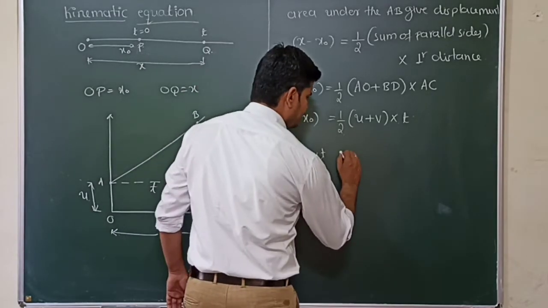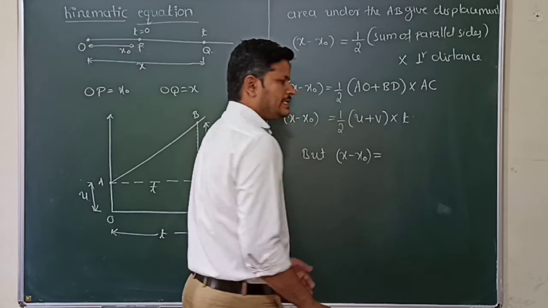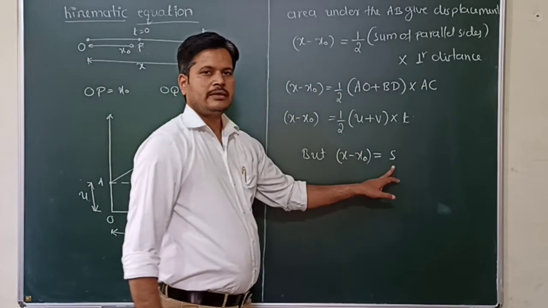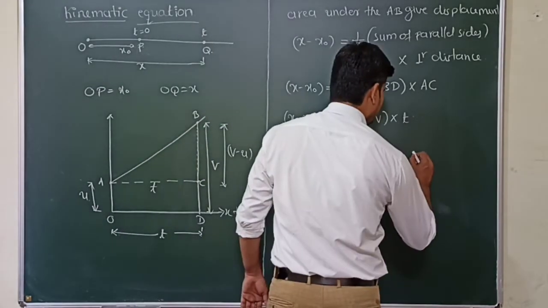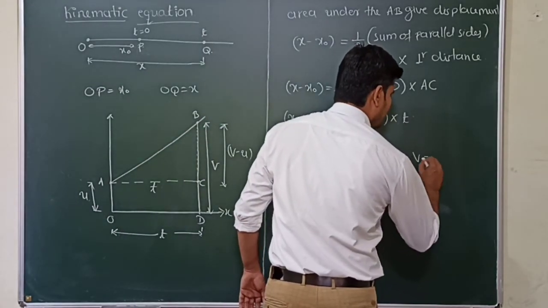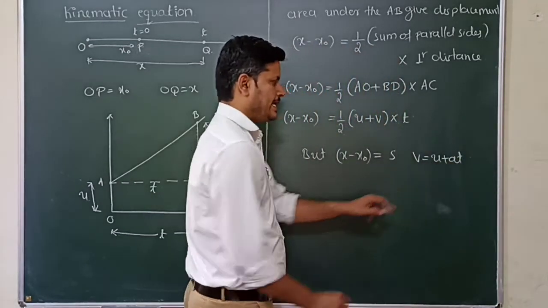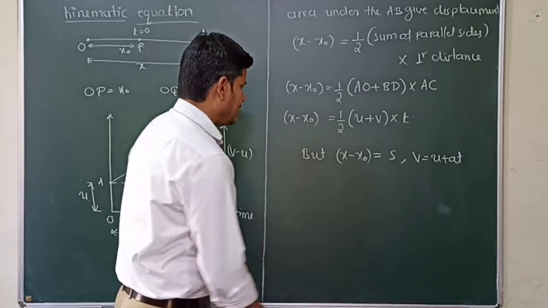Okay, is it right? Now x minus x naught is the displacement, which I will represent as s. And v is equal to u plus at.